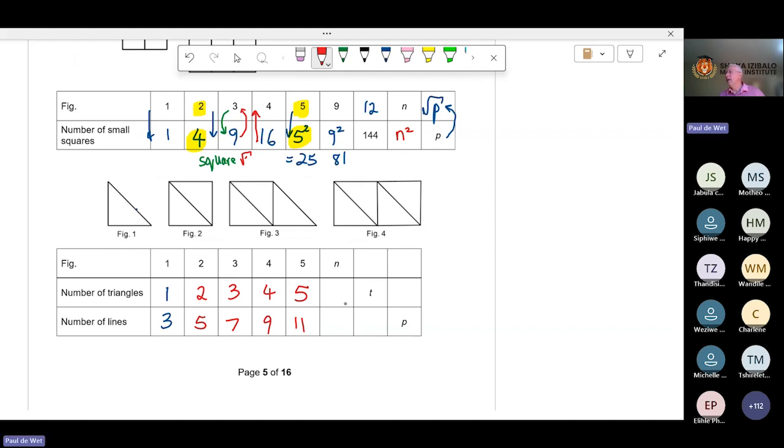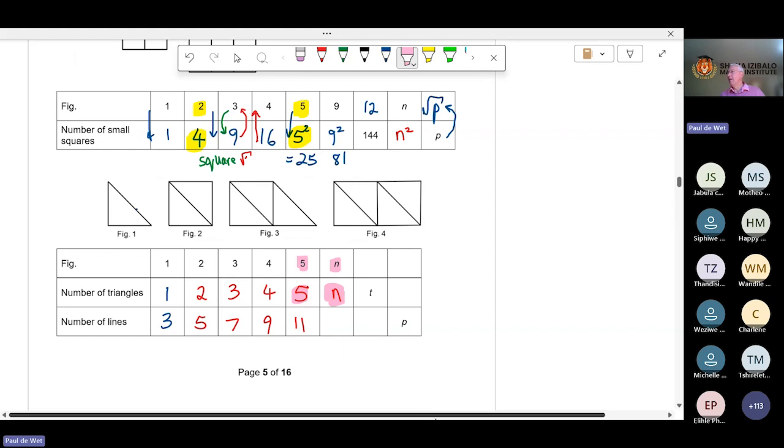I'm seeing someone writing n there. It will be n, guys. I want you to notice that these numbers are the same every time. 5 triangles, figure number 5. Figure number 3, 3 triangles. Figure number n, n triangles.